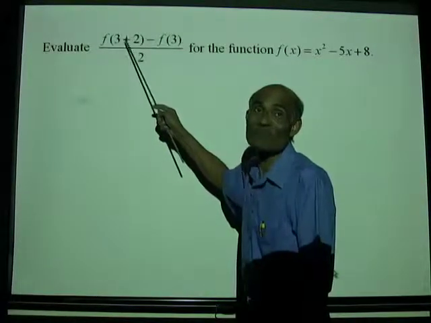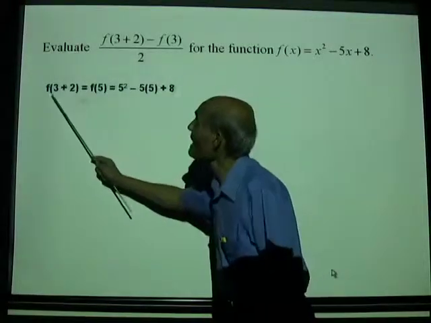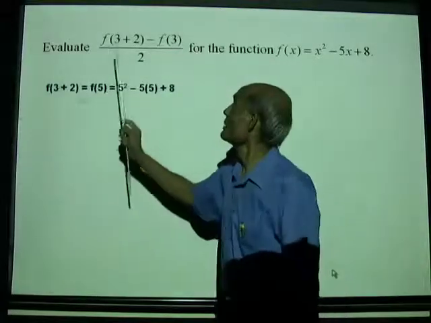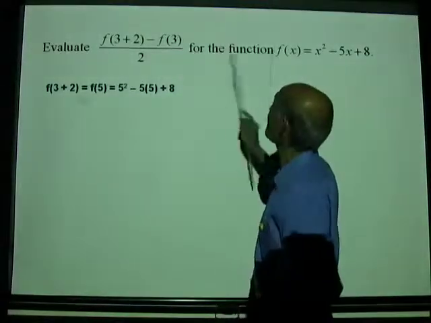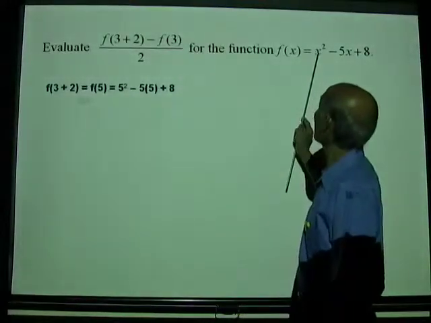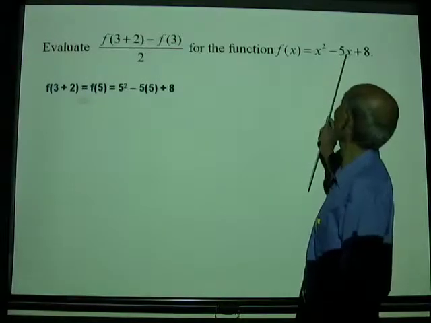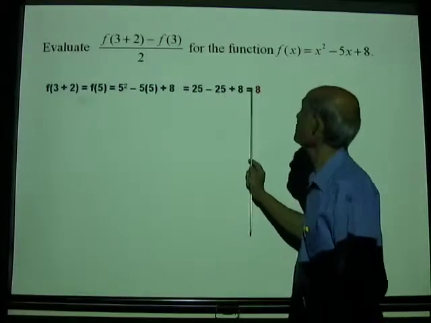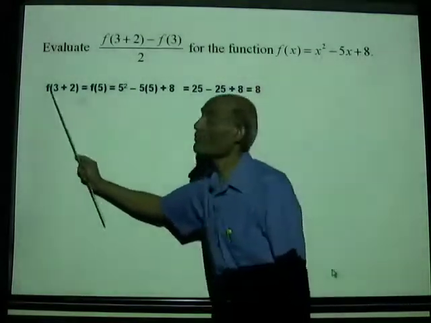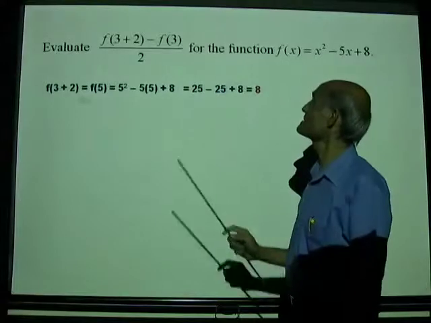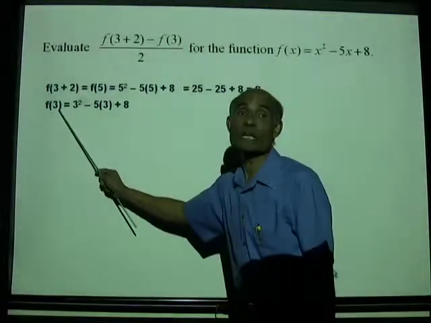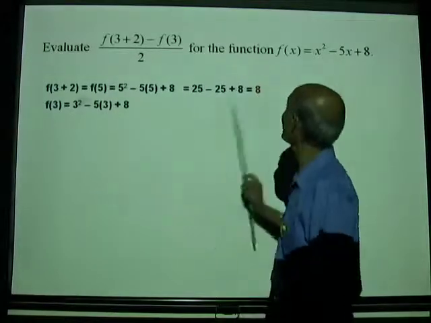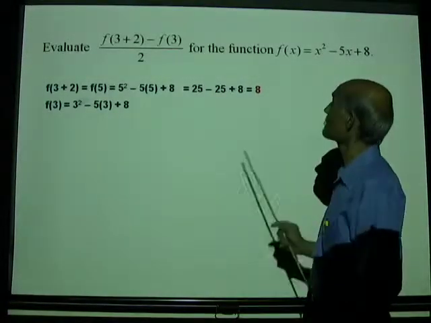So, first we find f of 3 plus 2, in other words, f of 5. Replace your x by 5. That will be 5 squared minus 5 times 5 plus 8. That gives you 8. So f of 3 plus 2 is 8.